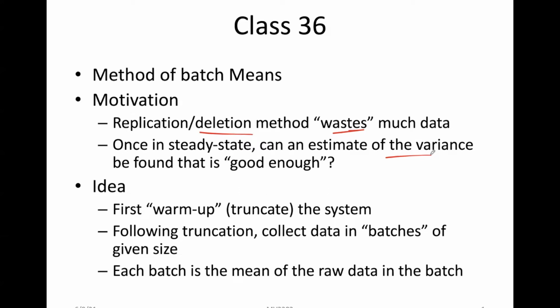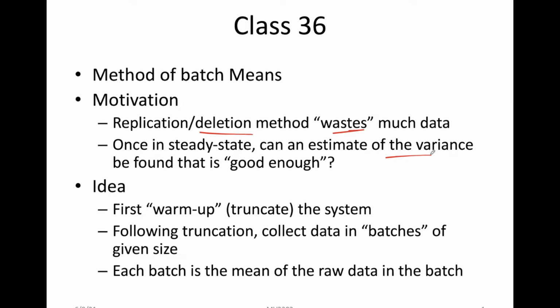But they noticed that if you collect batches of data in steady state, then, and you can actually show this under mild assumptions, as the batch size gets bigger and bigger, the correlation between the batches goes to zero as the batches get big enough.